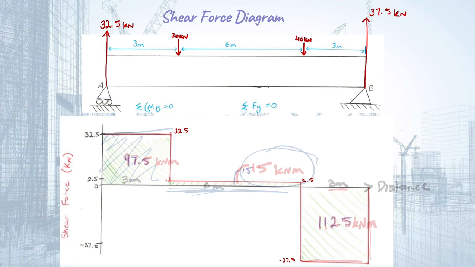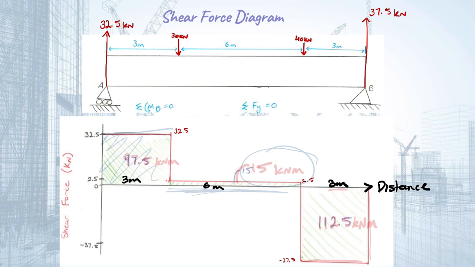From there, we want to work out the bending moment. So a moment is force times distance. And remember how before we described this as the distance axis, and we had distances along here.